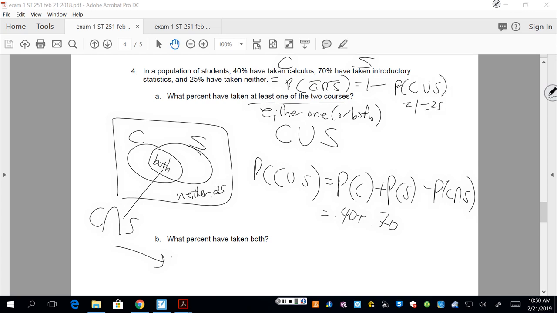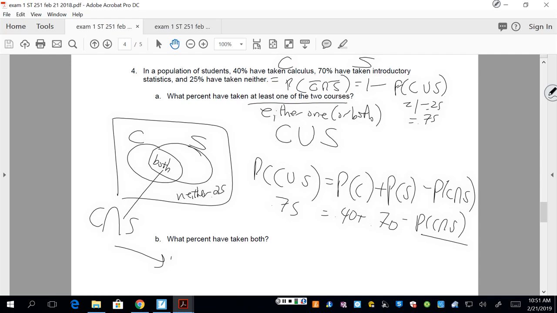So if 25% have taken neither, 75% have taken at least one. Right? So this one's 0.75, and then we just have this one thing that's unknown. I guess this is the answer really to this one. Right? And then this is 1.1 minus that would be the answer to this other one.